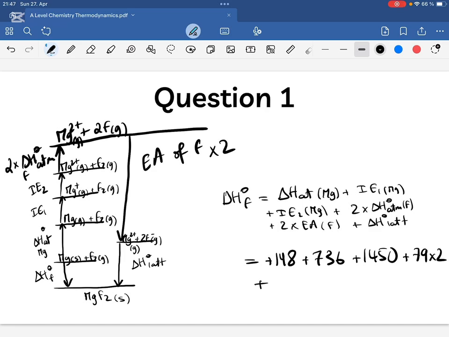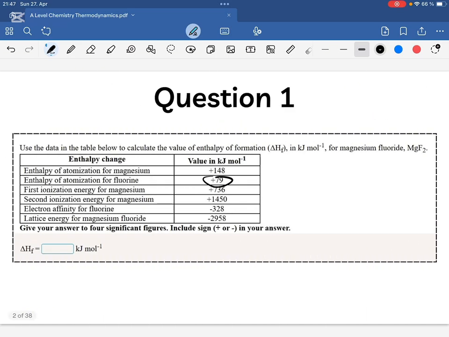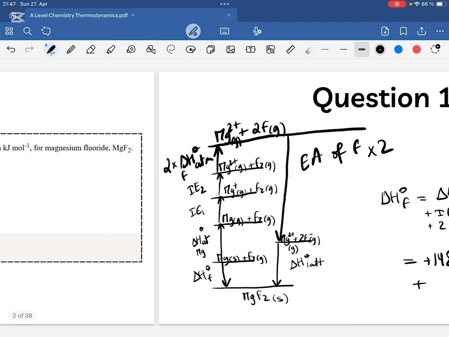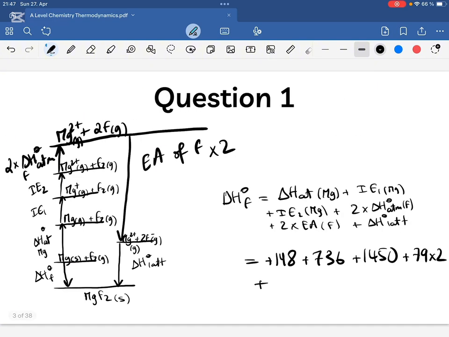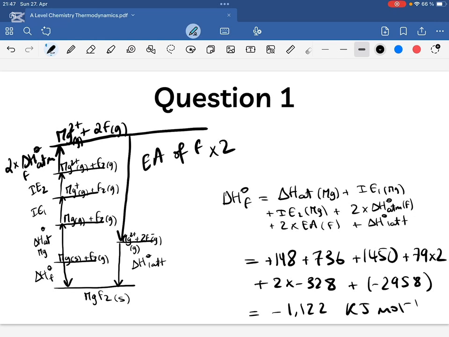And then we need to add 2 times the electron affinity, and the electron affinity is minus 328, so it's 2 times minus 328, plus the delta H for the lattice energy, which is minus 2958 for the lattice, and we're going to get a value of minus 1122 kilojoules per mole. And this is the final answer.